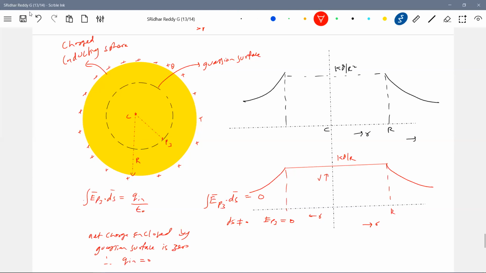The potential that is there at the center will be the same everywhere inside the conductor. Outside, what happens? It starts decreasing. Okay, that is the variation of the electric field and potential due to a charged conducting sphere.